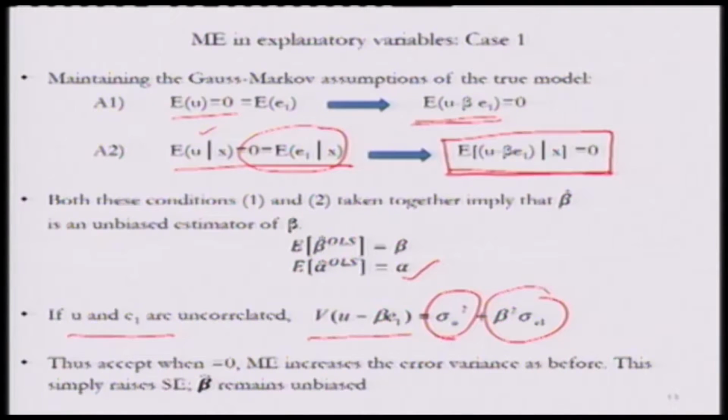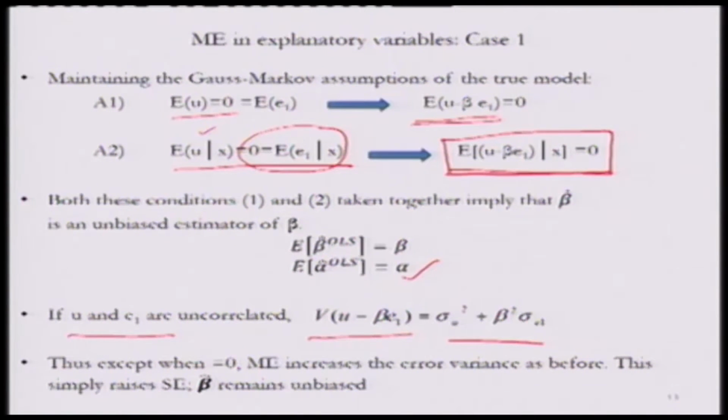The true model had only a variance term of sigma u square, but the revised model has this additional term, making the variance estimation higher than what we had in the true model. So, when there is a measurement error in x, the standard error of beta hat OLS is going to be higher than in the case when there is no measurement error.